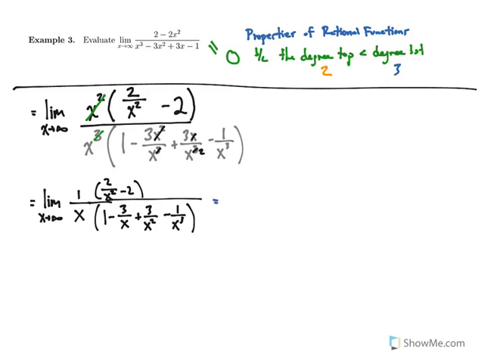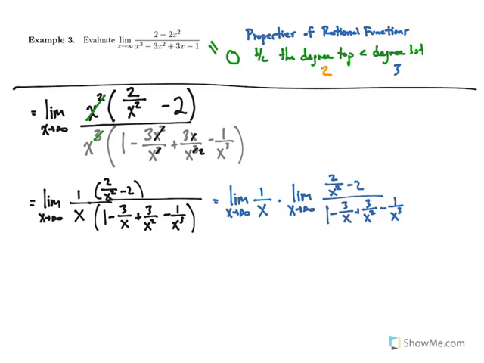Then we can use properties of limits to rewrite this as the limit of 1 over x times the limit of 2 over x squared minus 2, 1 minus 3 over x plus 3 over x squared minus 1 over x cubed.